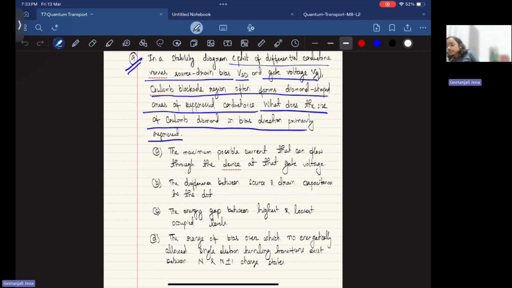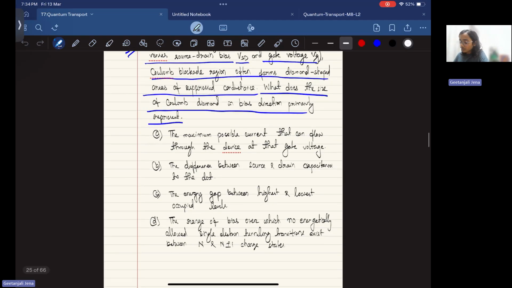In question number 9, it says in a stability diagram, which is the plot of differential conductance versus the source-drain bias voltage and the gate voltage, the Coulomb blockade region often forms diamond-shaped areas of suppressed conductance. What does the size of the Coulomb diamond in the bias direction primarily represent?